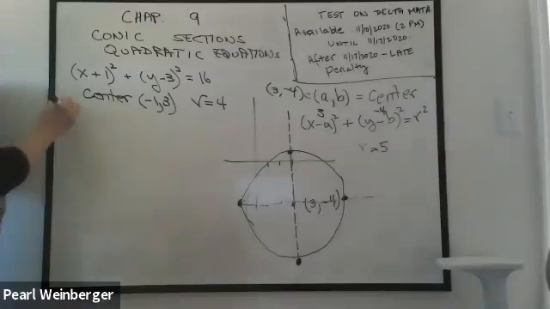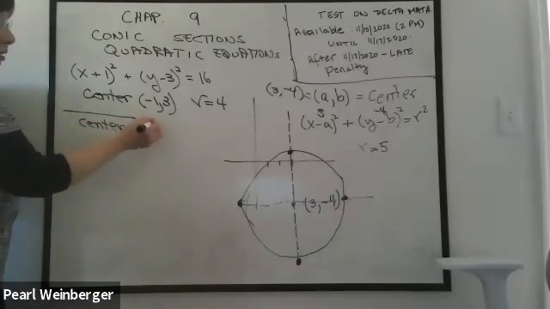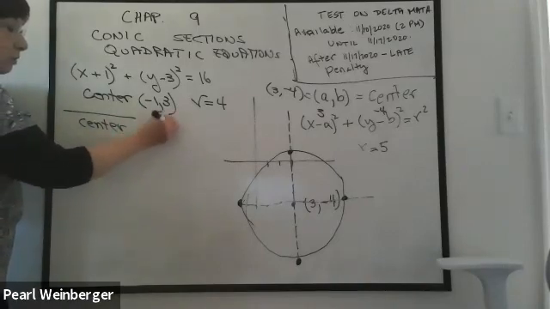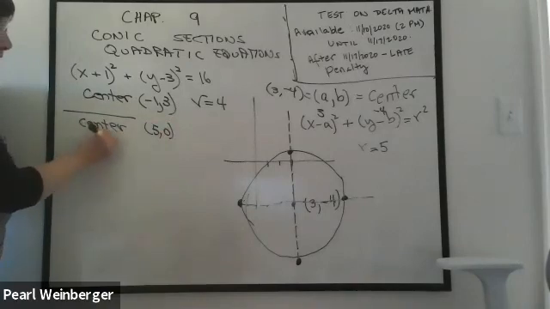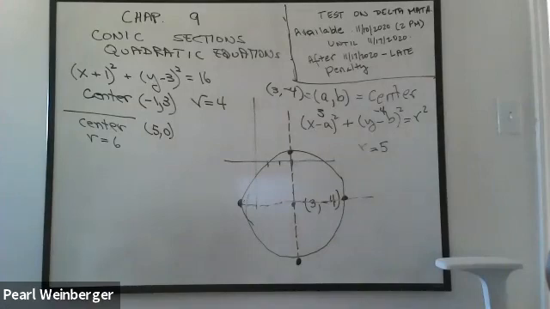Let's go backwards. What if I tell you that I have a circle whose center is 5, 0, and whose radius is 6? What would the equation of that circle be?